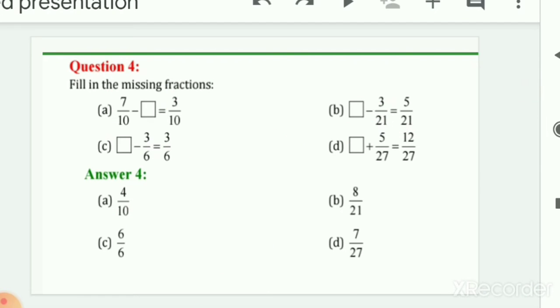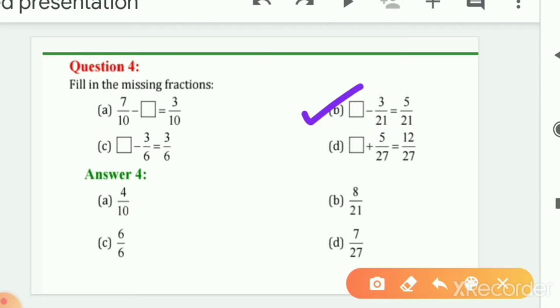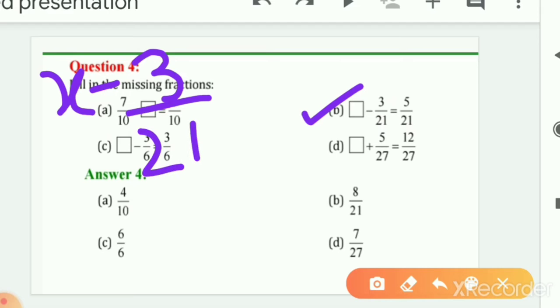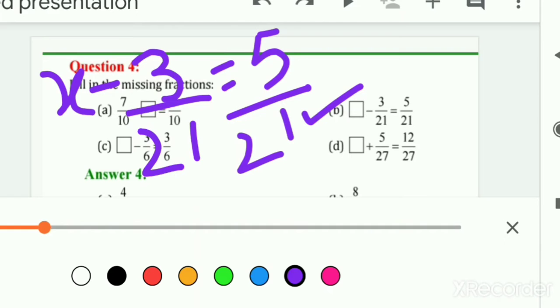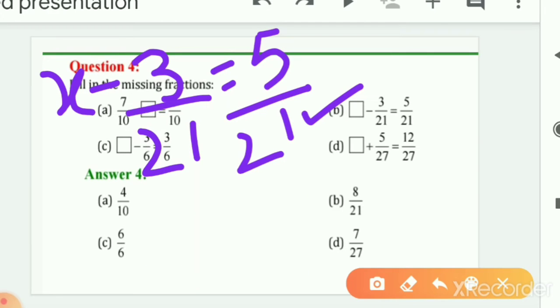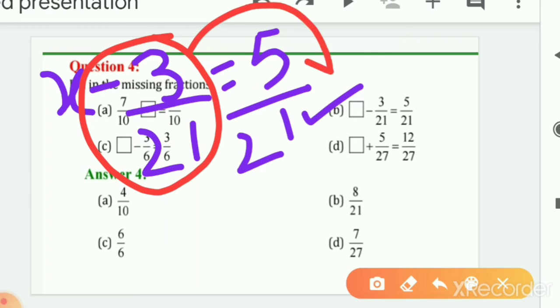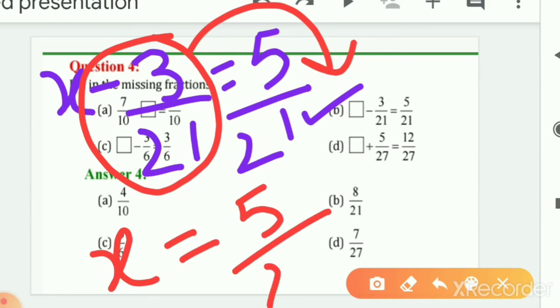Now we have the B part here. Take the box as x. x minus 3 by 21 is equal to 5 by 21. Now what will we do? We will take this minus 3 by 21 to the other side. x will remain as it is, and 5 by 21 will remain in its place.